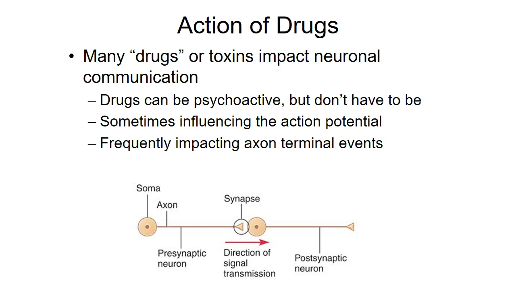Okay. So, like I said, here drugs, toxins impact a lot of aspects of neuronal communication. A lot of them can be psychoactive, but not all of them have to be. They can be influencing the action potential, which means that they're influencing neurotransmitter release, and they're affecting axon terminal events.